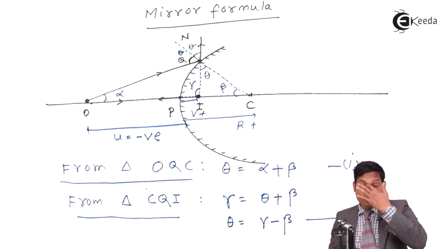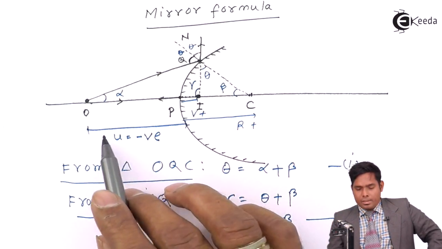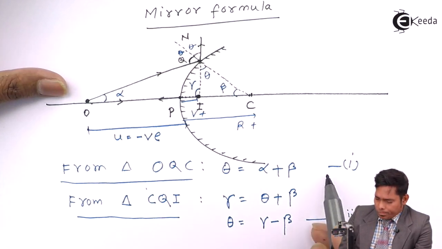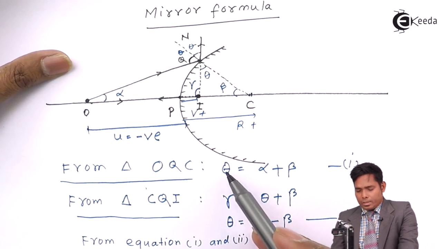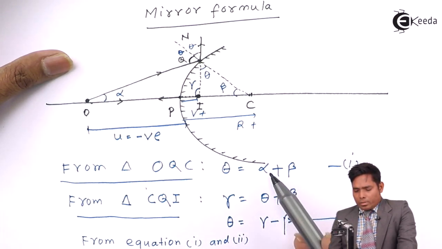So we have to put this distance and that distance as positive and this distance as negative. Now from equations 1 and 2, the left hand sides are both theta, so the right hand sides will also be equal. So alpha plus beta is gamma minus beta.